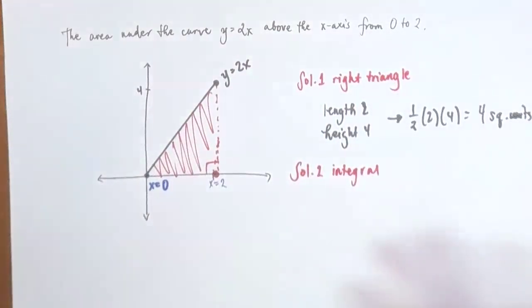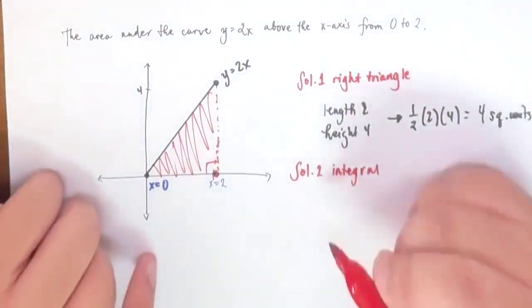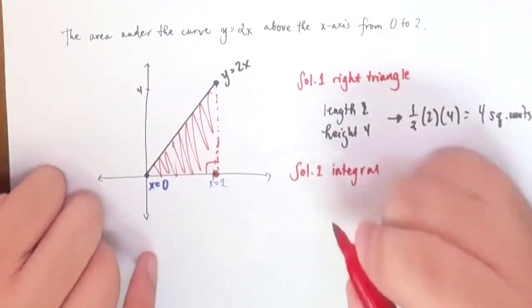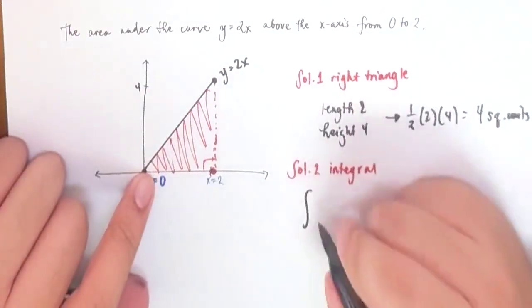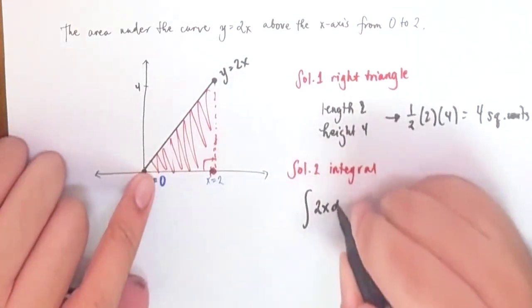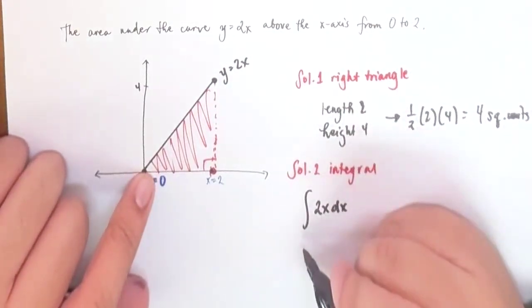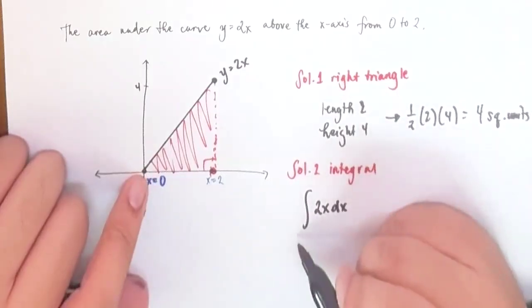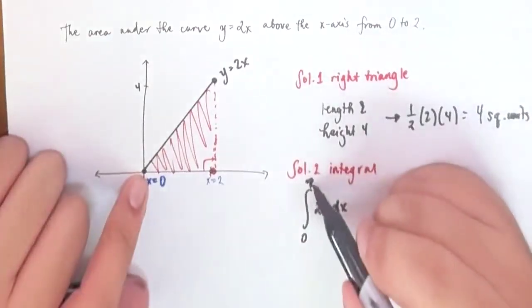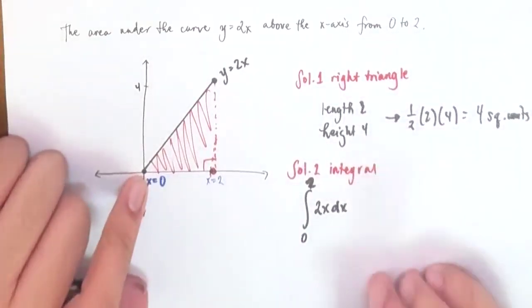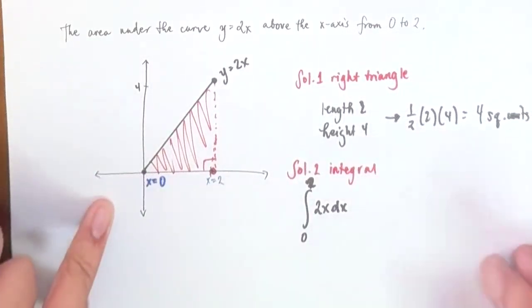So the integral that we want is the integral of 2x dx from x equals 0 to x equals 2.